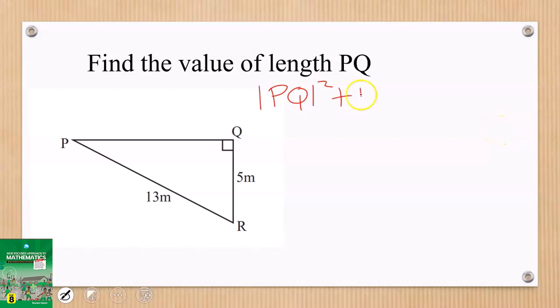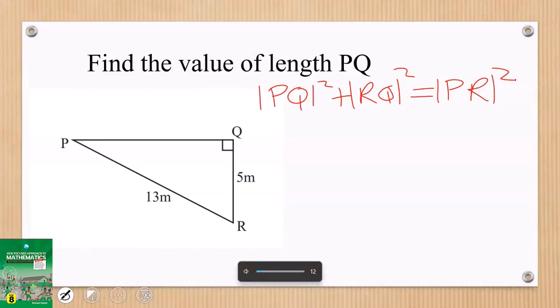PQ squared plus RQ squared should be equal to PR squared. That means the sum of the two shortest sides squared should be equal to the square of the longest side.